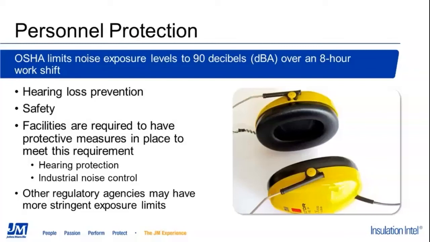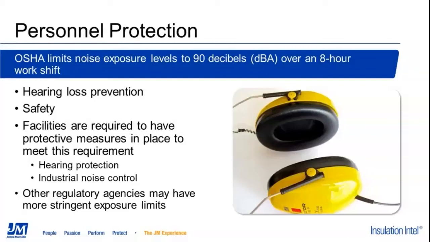Obviously, the big concern with trying to limit noise exposure is related to hearing loss prevention and safety. A very critical aspect of the safety side of noise control and personnel protection is making sure that employees and workers can hear safety sirens and hear coworkers trying to talk to them, especially if there is an emergency situation where being able to hear that warning or hear somebody trying to get your attention could be a life or death situation.